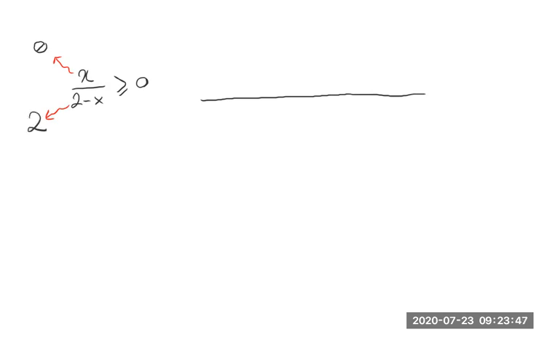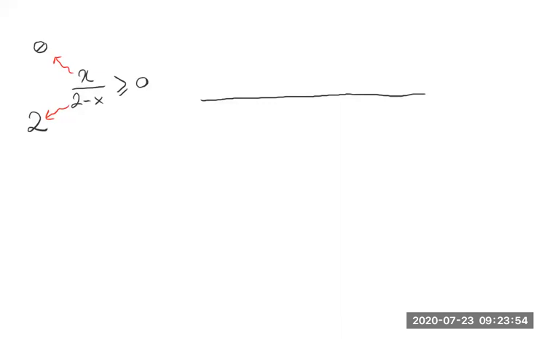So I want to find out when x over 2 minus x is greater or equal than 0. Look at the set of real numbers. And look at the roots of these two polynomials. Well, the root of this one is exactly 0. If x is 0, this numerator is 0. For 2 minus x, root is 2. If x is 2, 2 minus x is 0, right?